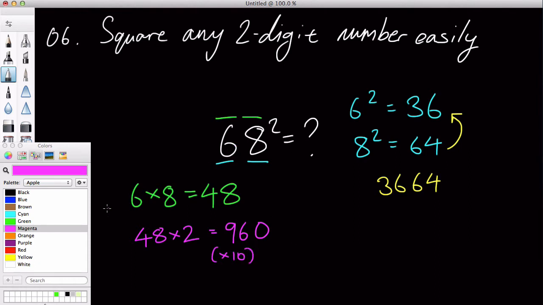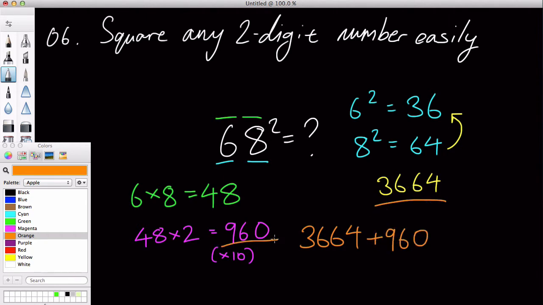Now the last thing, I haven't declared a color for it, I think I'll make it orange for my fifth one. The last thing we're going to do is add 3664, which comes from this one, with the 960, which is here, and that equals 4717, I think.